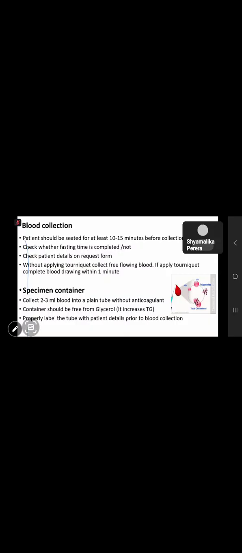So exercise 15 minutes before blood collection can change the level of protein bound substances, approximately 6% of the cholesterol levels.